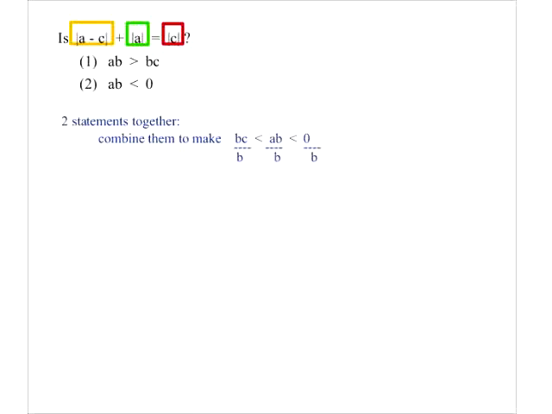So this means one of two things. This means either B is positive, and then we leave those signs the same. So C less than A less than 0. Or we flip.